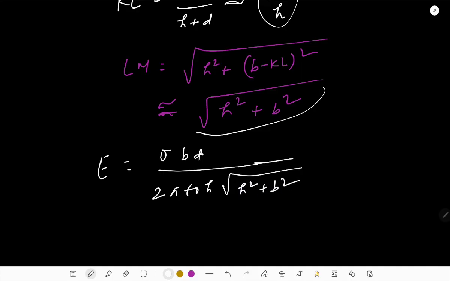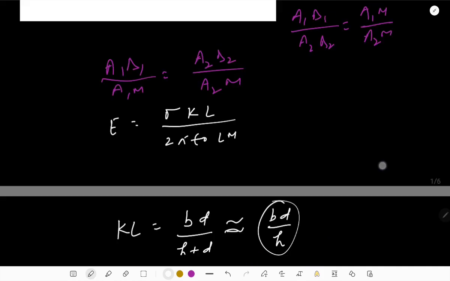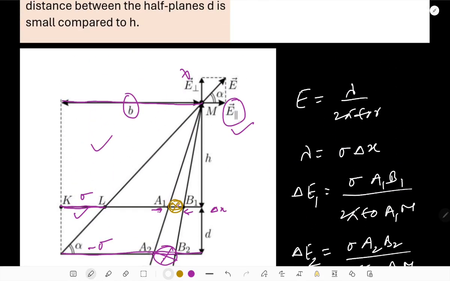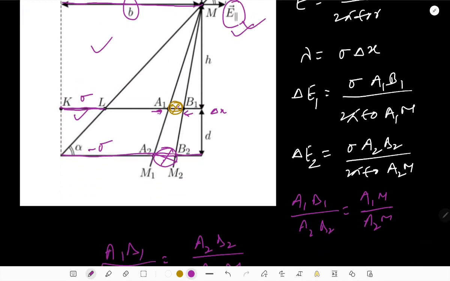We need to find out not the E but E parallel. You can see here, parallel to this, and this is obviously E cos alpha.